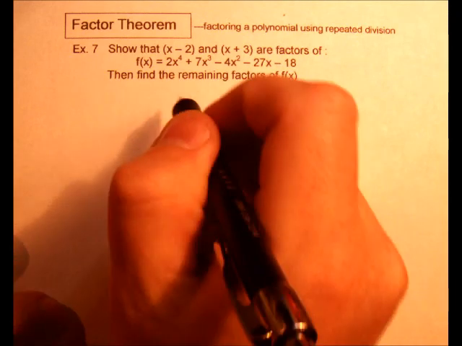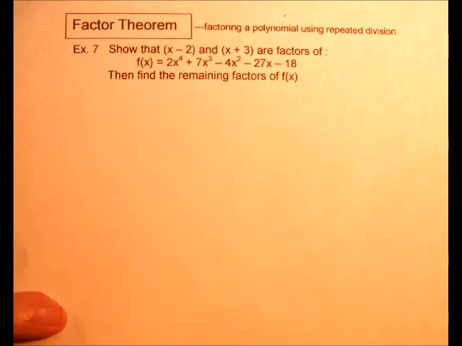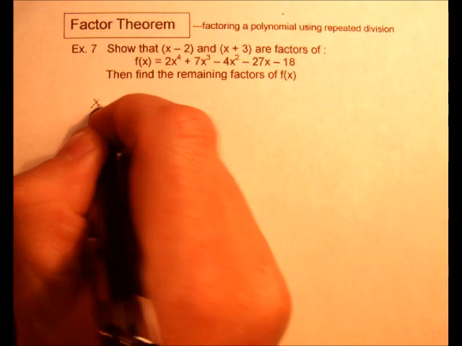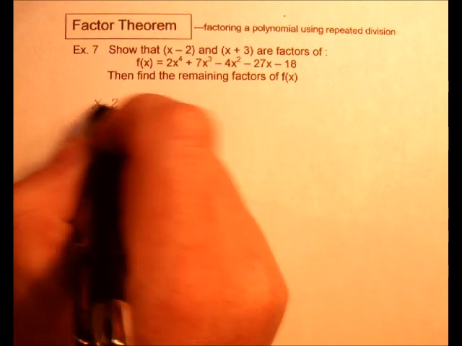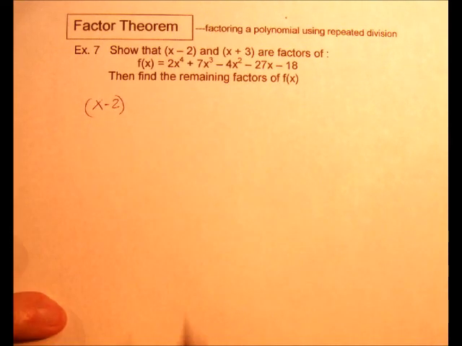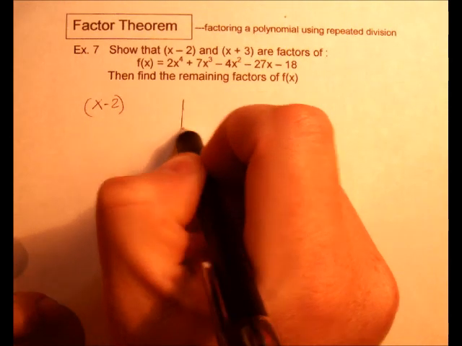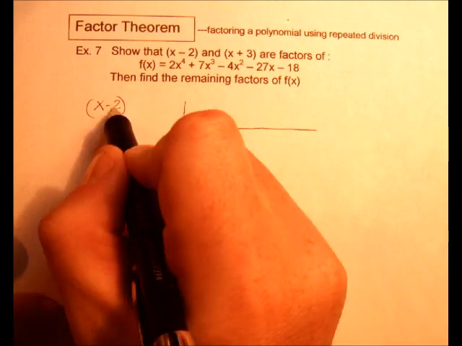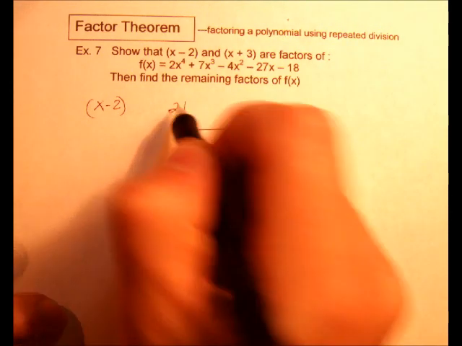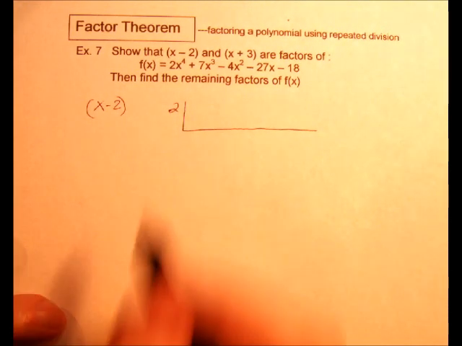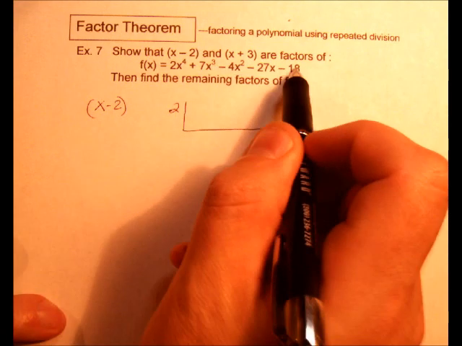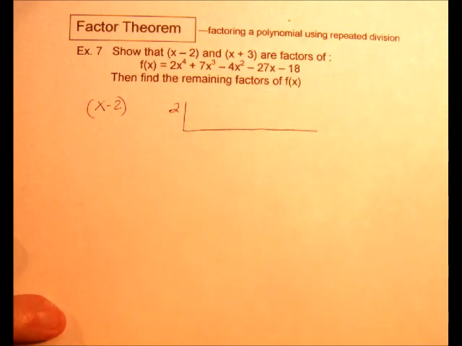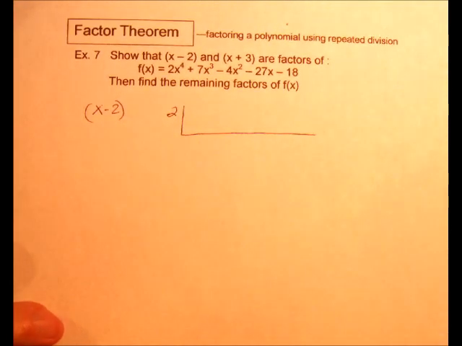So what we're going to do is synthetic division several different times to make life easier than using the long division. First, I'm going to use the x minus 2 factor. If I was to write out the synthetic division, that's a minus 2, so when I do it here, it's a positive 2. Powers 4, 3, 2, 1, 0, so all the exponents are accounted for.